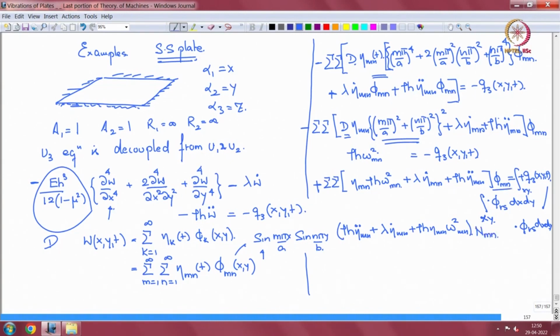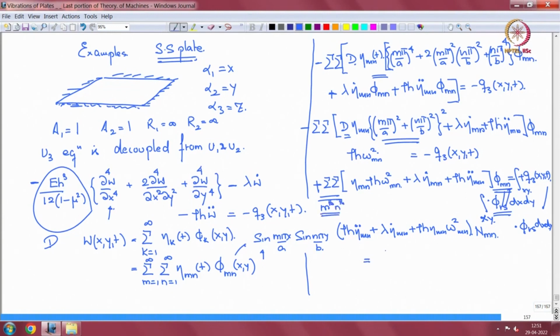Why? Because mn and rs are orthogonal unless m is equal to r, n equal to s. So now out of this sum, the mth and the nth indices are picked. So summation is gone.